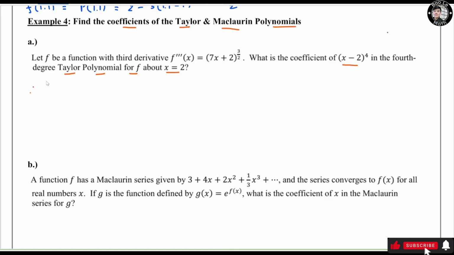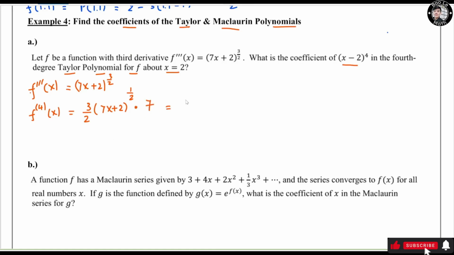We're given f triple prime of x equals (7x plus 2) to the 3.5. So we need to find the 4th derivative. It could be 3.5 times (7x plus 2) to the 3.5 minus 1, which is 2.5 or 1/2 in the exponent family, and then times the derivative of 7x plus 2, which is 7.